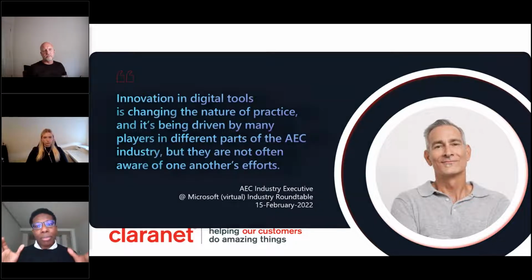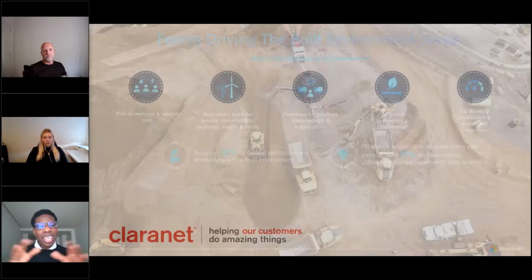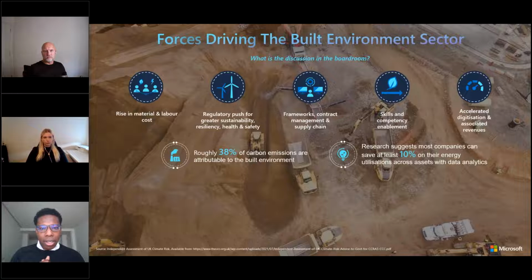And if we just pivot to the next slide, what I've tried to do is summarize some of those points in a couple of points I want to bring to your attention. So what's the discussion in the boardroom? We all know about the inflationary pressures that we're all challenged with, both from homeowners or occupiers of property, but also if we think around the increase in materials costs and the challenges with global supply chain issues and the pressure that's putting on your business.